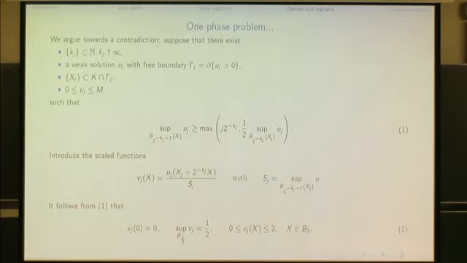Assume that you have some sequence of integers k_j going to plus infinity, a family of bounded solutions, and also a sequence of points on the free boundary, such that this inequality fails. You have the opposite inequality. Okay, and in order to arrive at a contradiction, we use this scaling.